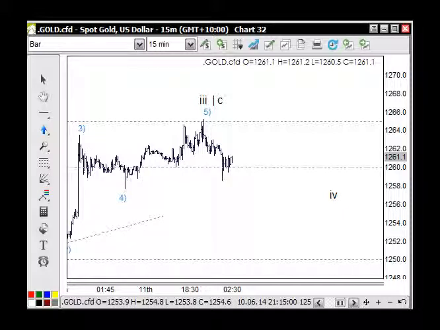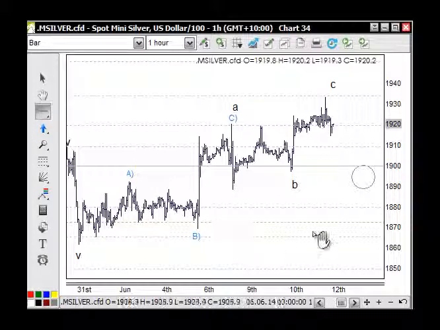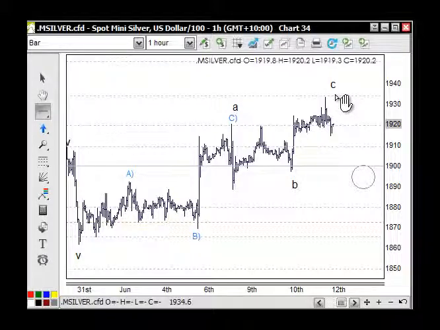And the silver market's a bit the same as well, in its pattern up through here, the same pattern as the A, the B and the C here. We wouldn't look to short unless the 1900 became the retested resistance, which is the 50% retracement level, and the 1890s is 61.8.